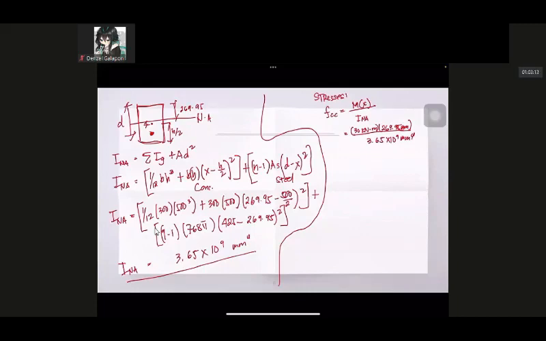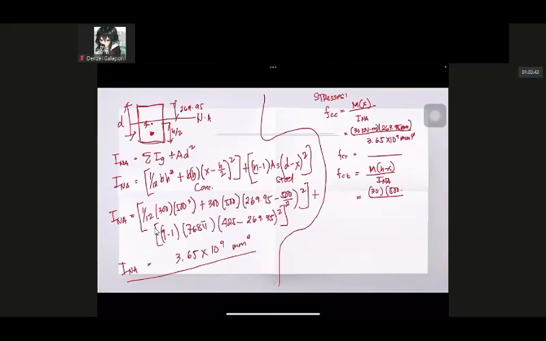So fcc equals, then for tension brought by your concrete, M(h minus x) over INA, 30 kilonewton meter, (500 mm minus 269.95) divided by 3.65 multiplied by 10 raised to 9. fct equals, and your fs is equal to nM(d minus x) over INA.